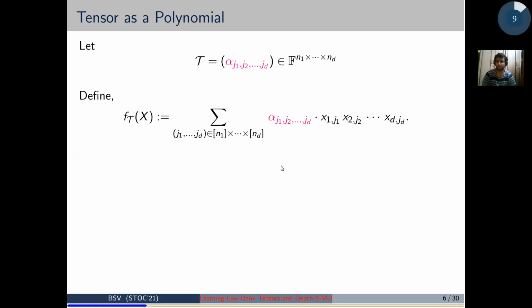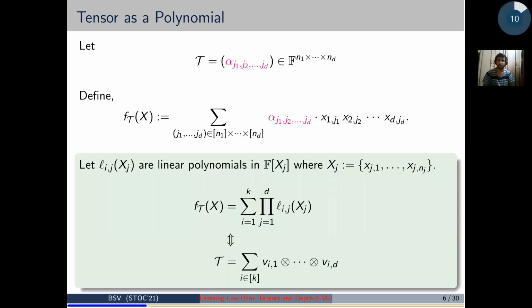This polynomial is essentially writing all the entries along with their signature monomial. The signature monomial in some sense keeps track of which location the entry came from. For example, it's J1 in the first coordinate, J2 in the second coordinate, and so on. So here it will be x1 J1, x2 J2, and x3 J3, and you sum over all of them.